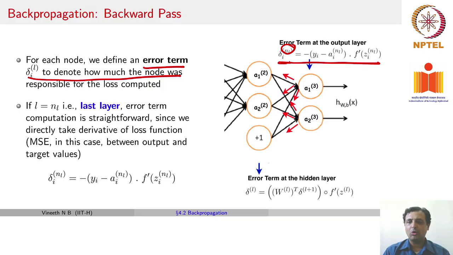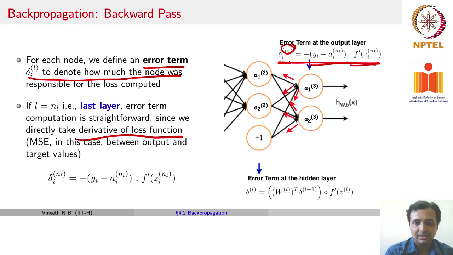And the error term at that output layer is given by minus (y_i minus a_i^(N_L)) times f'(z_i^(N_L)). How did we get that? This is simply the gradient of the mean square error. Remember, we said we are taking mean square error as the loss function. We simply take the derivative of the mean square error.